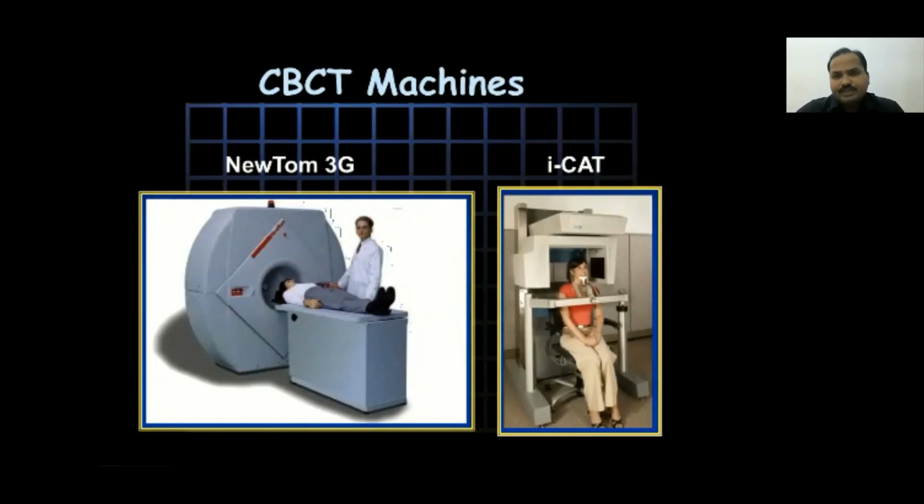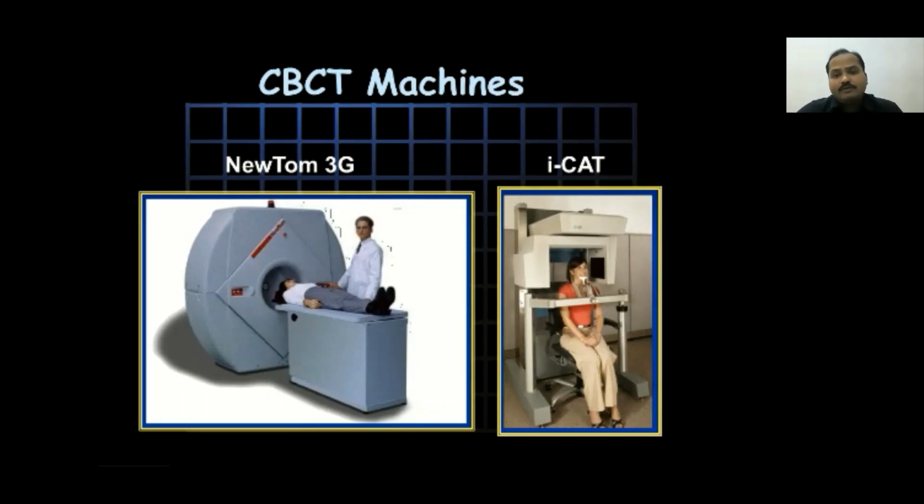Coming to the machines, how do they look? With the CT scanners, what we have seen previously is that the patient was taken into the CT scanner in supine position. The patient lay on a table and was taken into the gantry where the X-ray source and the detectors were present, and the imaging was done.